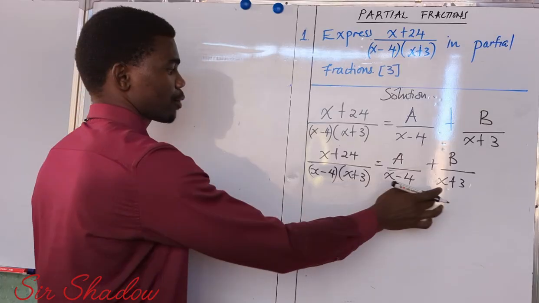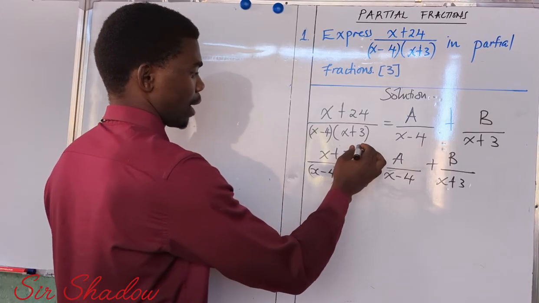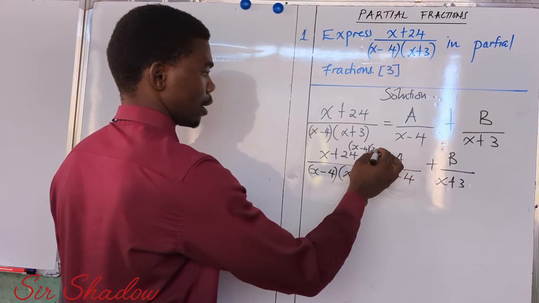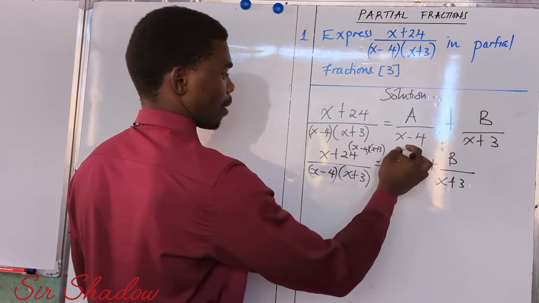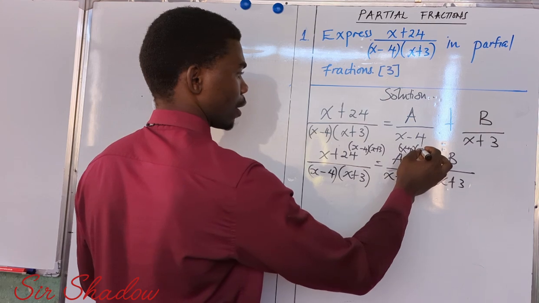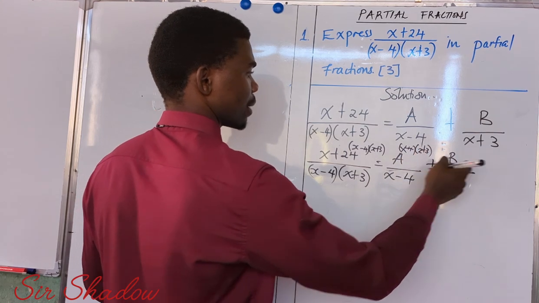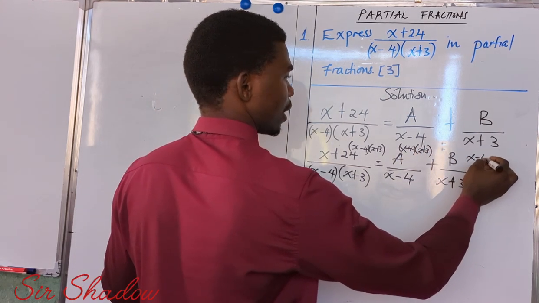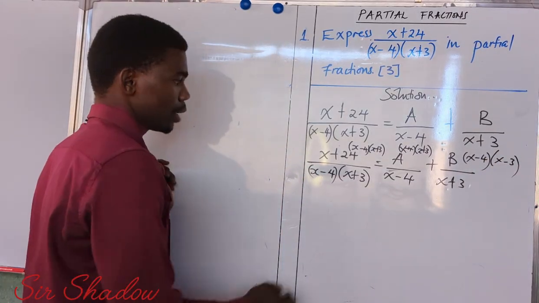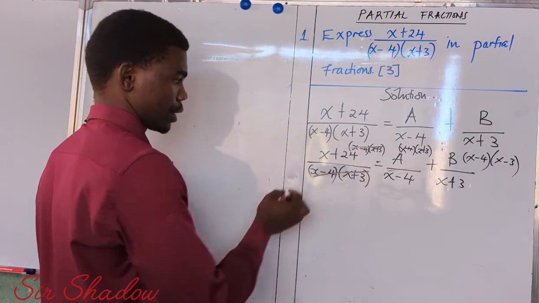Let me multiply each term by the LCM: here by (x - 4)(x + 3), the same here, and the same for the last one. This will cancel this.